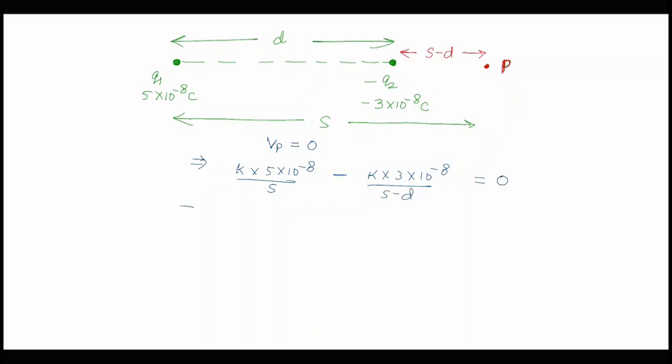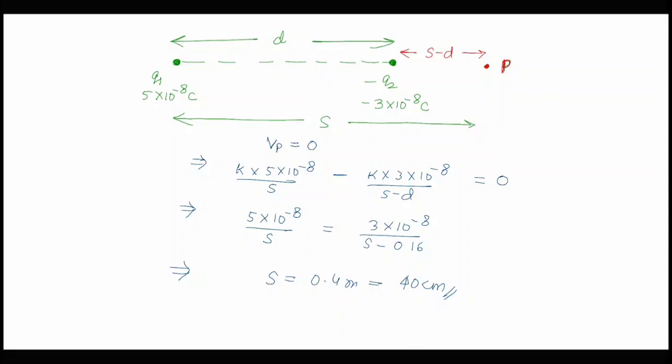So if I put the value of d, we obtain 5 into 10 to the power minus 8 upon s is equal to 3 into 10 to the power minus 8 upon s minus d, where d was equal to 0.16. And hence from here we obtain the value of s as 0.4 meter, which is equal to 40 centimeter. So therefore the potential is 0 at a distance of 40 centimeter from the positive charge, outside the system of charge. So we obtained 2 points where the value of potential due to the system of charge can be 0.